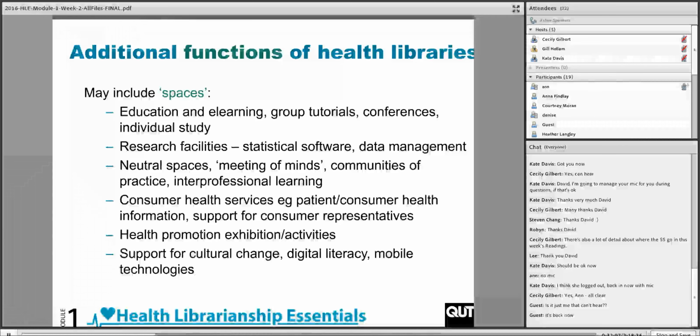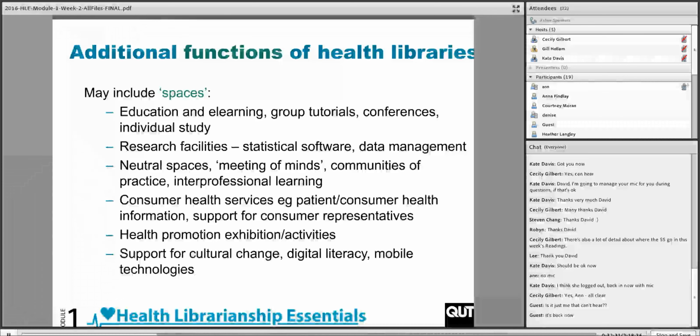Or better still, couldn't we have a digital library and be completely online? And that's a real scenario. However, these spaces can be used in other ways besides collections. So I've got some examples there where I've seen spaces used quite differently from the familiar collections-based examples.